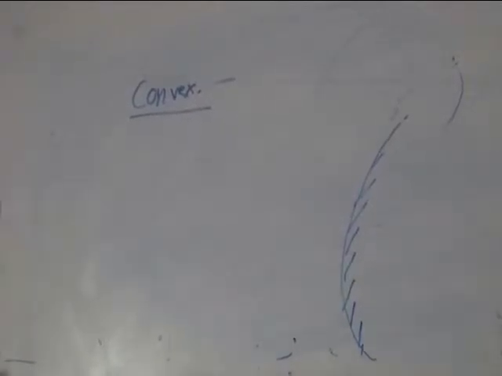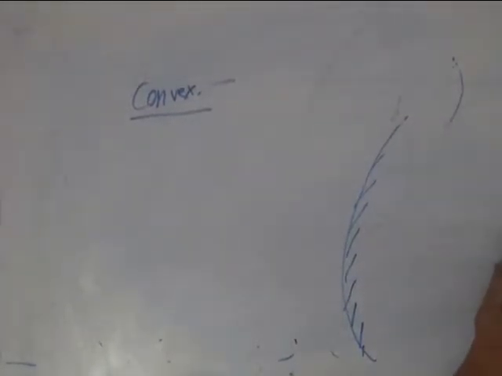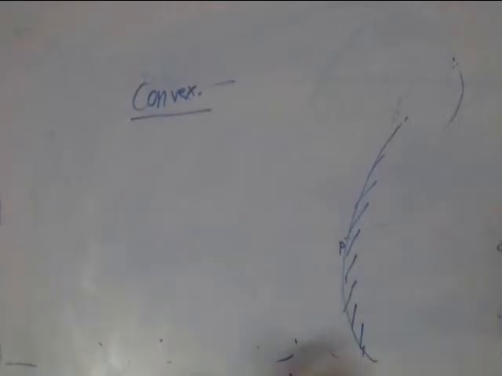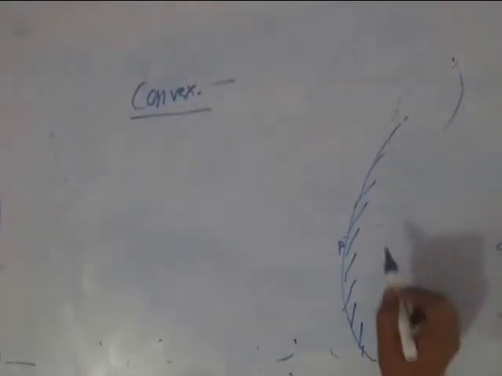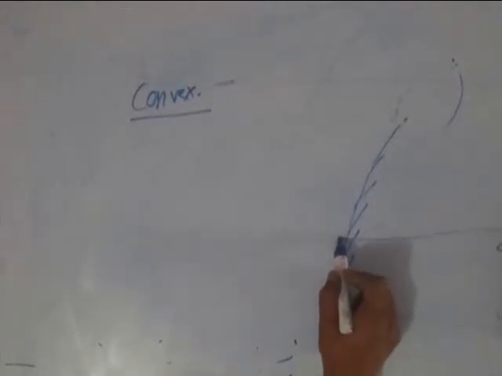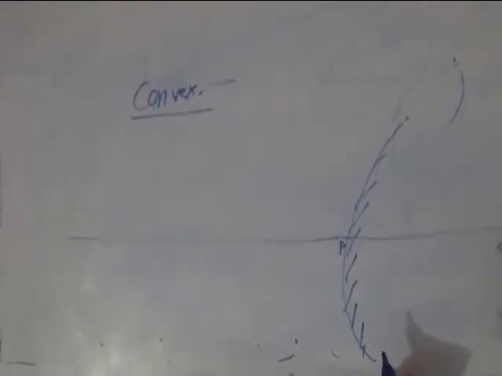Nothing doing. What you have to do is, remember, since this is a sphere, the center of curvature would lie somewhere here. The pole remains the central point, the midpoint of the mirror. The line joining the pole and the center of curvature extended on either side is called the principal axis as before.